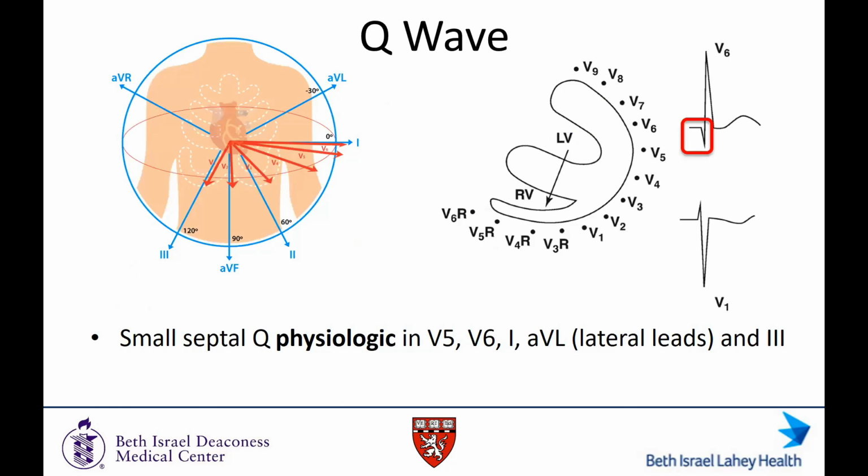Normally see them in lateral leads, as you can imagine. If we have left to right depolarization across the septum, then aVL, lead one, all our lateral leads, in theory, should have a small septal Q wave. And then in V1, since it's right-sided, we'll see a small upward deflection, but this technically isn't a Q wave.